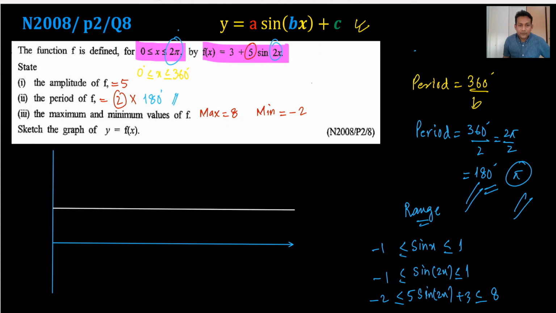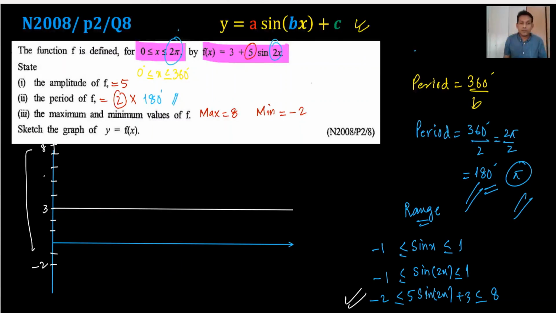If this is 3, then 0, 1 and 2 are here. 1, 2, 3, and 4, 5, 6, 7 and 8 is here. And I have to move till minus 2. Minus 2 is here. So this is your range.